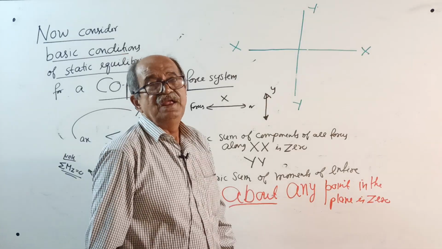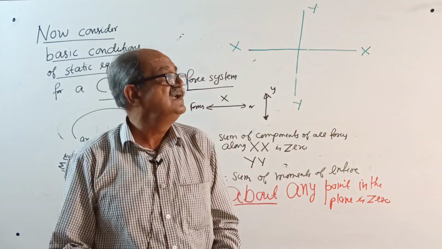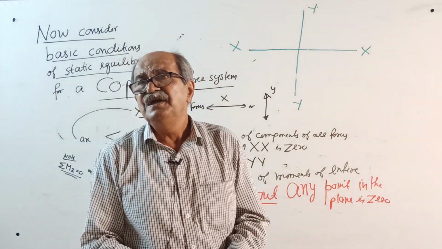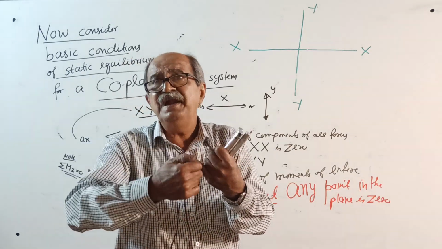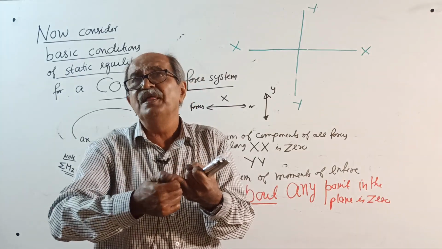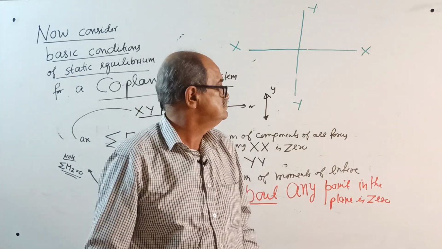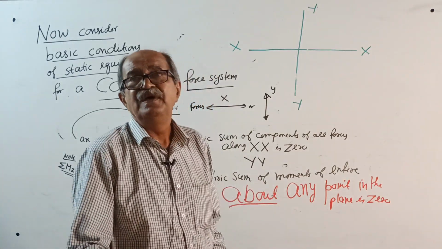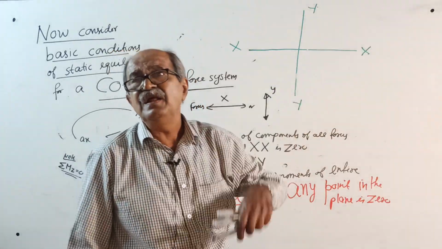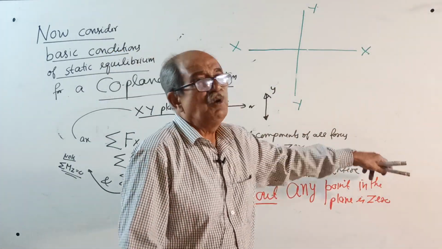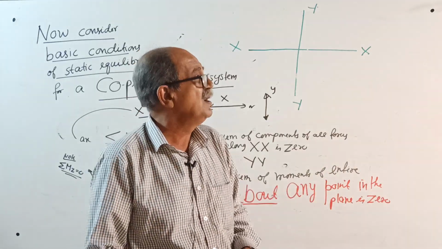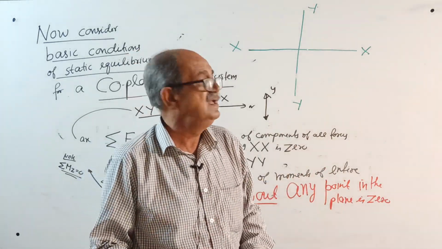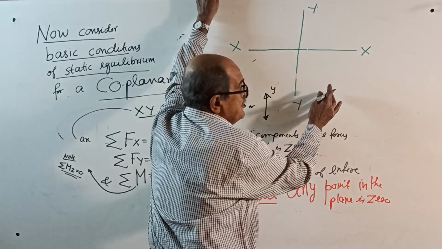In 3D, 6 conditions. In 2D, 3 conditions. In 2D or coplanar, I will write separately for concurrent, general coplanar and parallel force systems. I will end the class because it is running on UPS here. Any time power will go, and even the battery is at a very low level, because of rain.